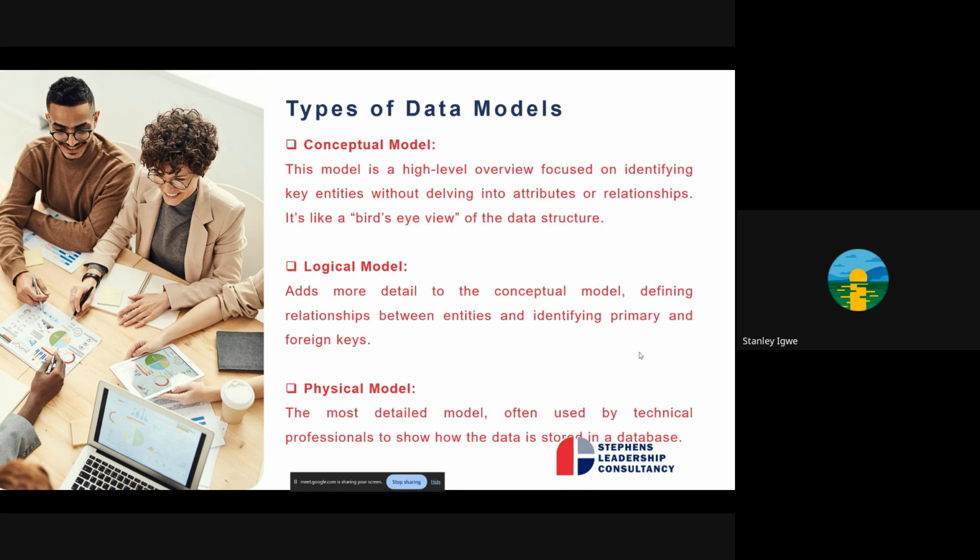And the advantage of all this is that they build on top of each other. So when you're having the conversation with your stakeholders and with the business analysts, the people that only speak business language, you're talking at the conceptual level where you're just saying that, oh, a customer will place an order, the order will go to the cafeteria or the restaurant, they will prepare the meal, and then the rider will come and pick up the order, and the rider will take it to the customer and deliver it.